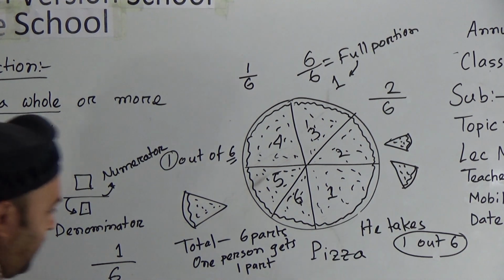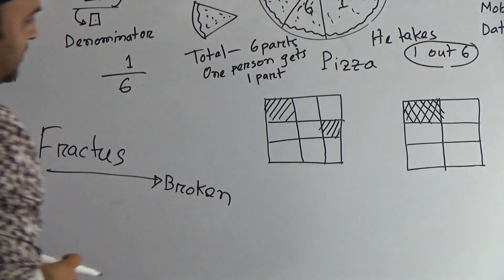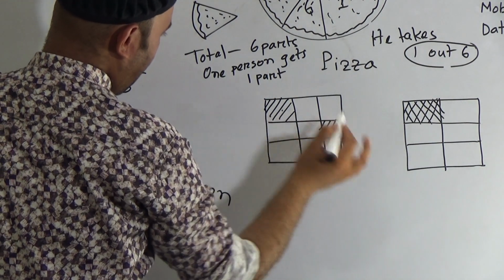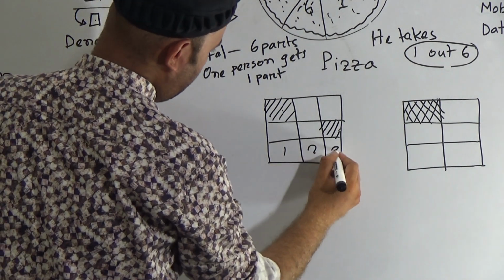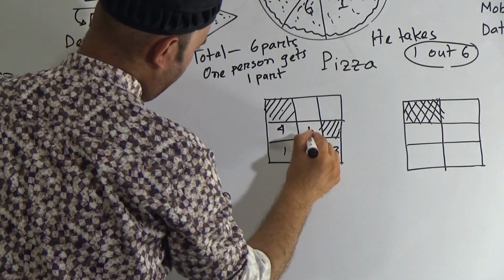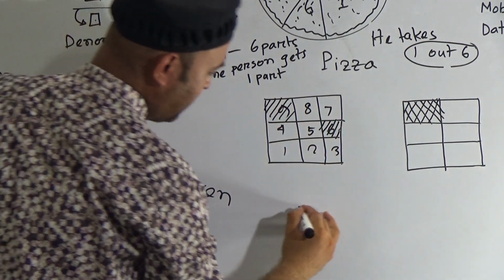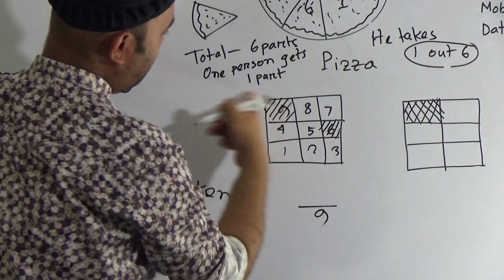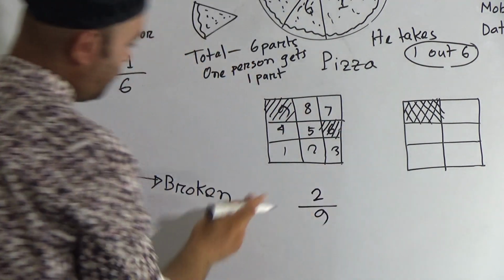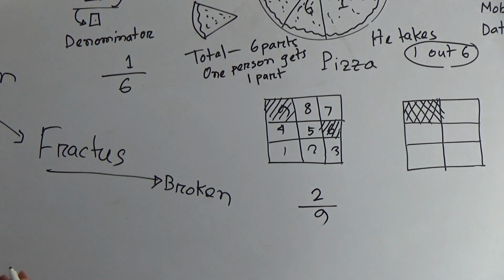Now look at the figure. This is a box and there are 2 sketched places. This is 1 and this is 2. Now how many parts here? 1, 2, 3, 4, 5, 6, 7, 8, 9. In total here are 9 parts. And how many parts are sketched here? 2 parts are sketched. So 2 will be the numerator and 9 will be the denominator.